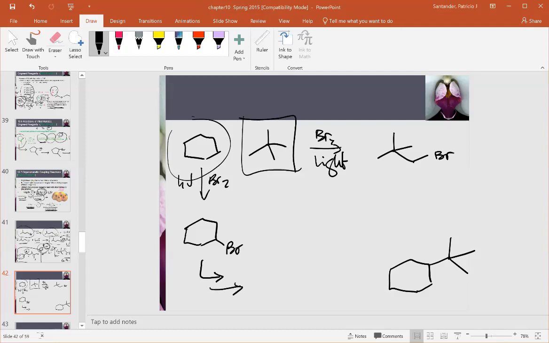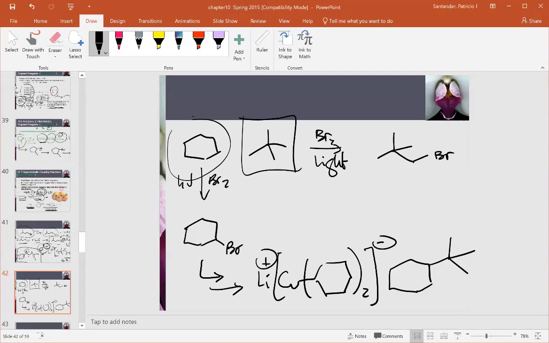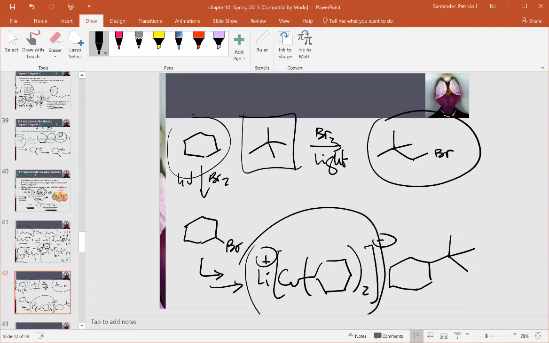You know how to make the Gilman there, so you will end up with lithium plus copper, and then you will have in parentheses here the 2 cyclohexyl groups, and all these will be negative. And then I can react this Gilman with the halide that I have there, and these two together will give me the final product. Not bad, huh?